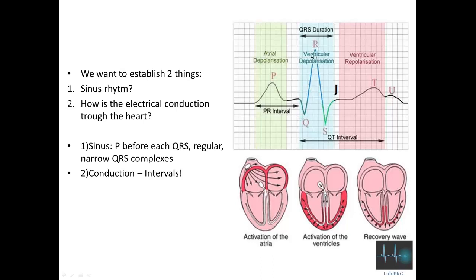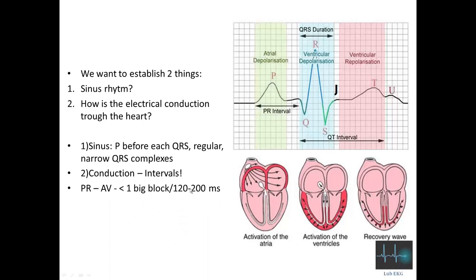And then we also look at the QRS duration, which is essentially how long the electrical current moves through the ventricles. And this should usually be a quite rapid movement, synchronized with a narrow, slim complex.